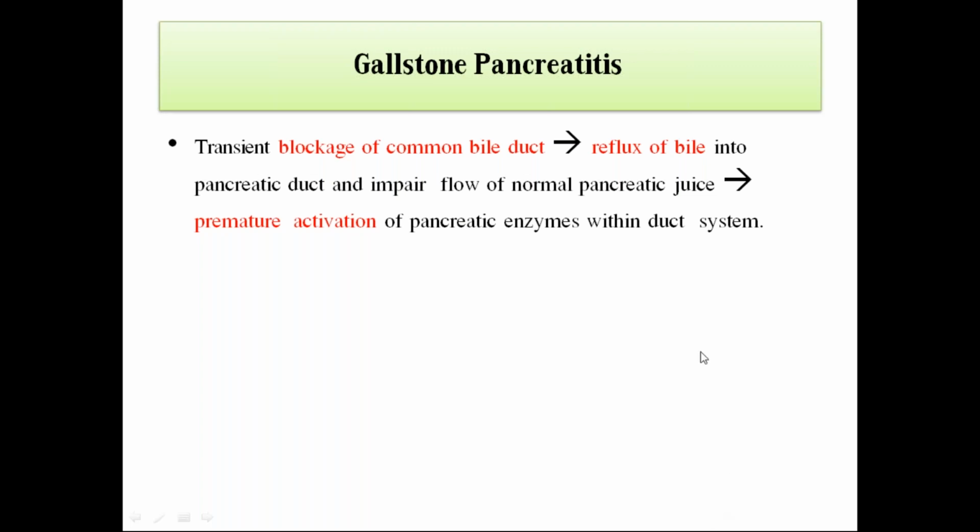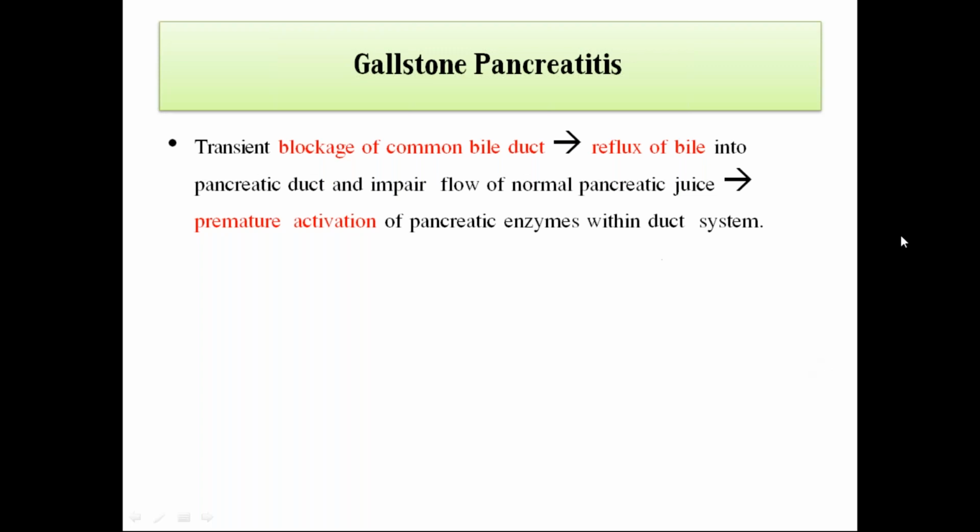Gallstone pancreatitis is one of the most common causes. The pathophysiology involved is transient blockage of the pancreatic duct together with the biliary duct, both draining together through the hepatopancreatic ampulla of Vater into a common channel. Depending upon the length of the common channel, there could be various effects, like anomalous pancreaticobiliary junction.